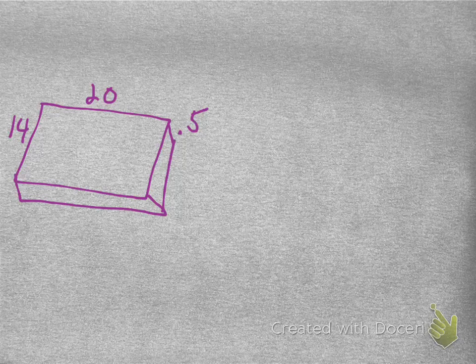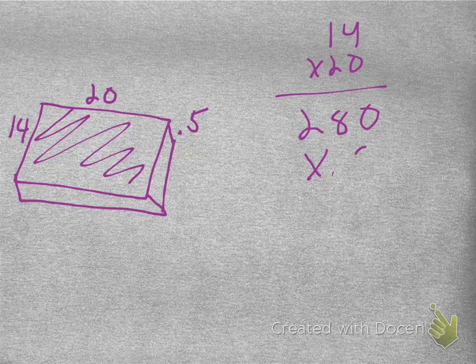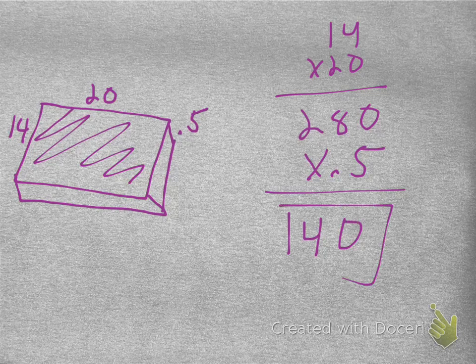Alright, so all we got to do is take our base, which is 14 times 20. That equals 280. Times 0.5, which is the same as dividing by 2. And if you multiply that out, you're going to get 140. And that is your answer. Questions on how that works?